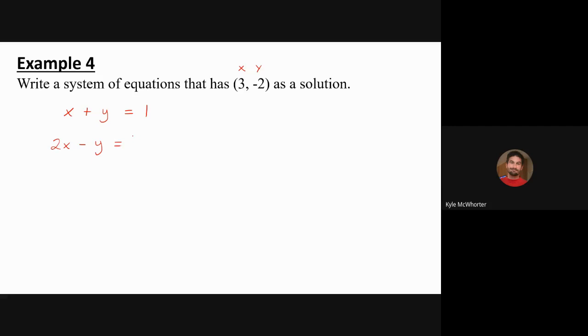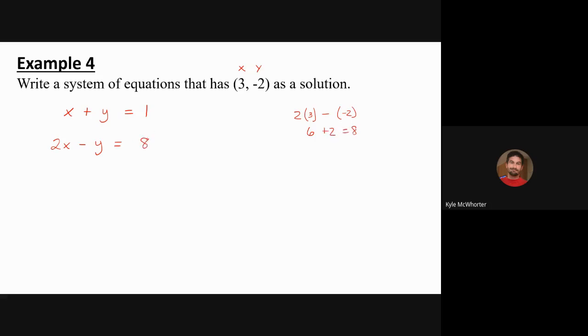Then you just write whatever expressions you want on the left side, and then you just figure out what number needs to go on the right side. So 2x, so 2 times 3 minus y, so minus negative 2. That's 2 times 3 is 6, minus a negative 2 is plus 2, so 6 plus 2 is 8.